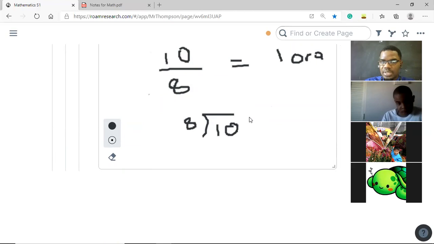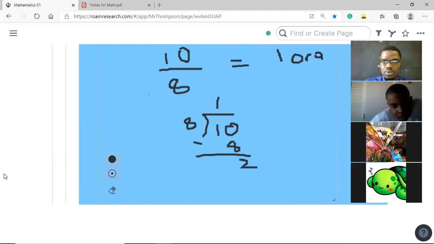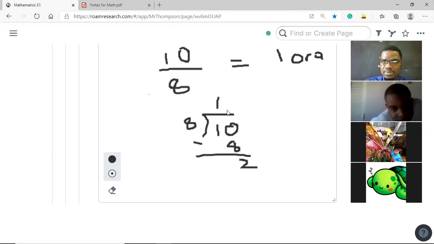And what do we get? 8 into 10 goes how many times? 1 time. 8 times 1 gives us 8. Subtract them. We get 2. Can 8 go into 2? No. So put a decimal point. Down a 0.